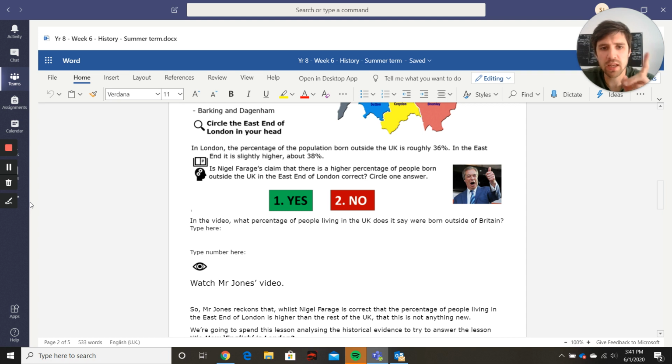So thinking back to the video, it told you the percentage of people born outside the UK living in Britain across the whole country. So is it higher in London, is the question. Is Nigel Farage's claim that there is a higher percentage of people born outside the UK in the East End of London correct when you compare it to the rest of the country?